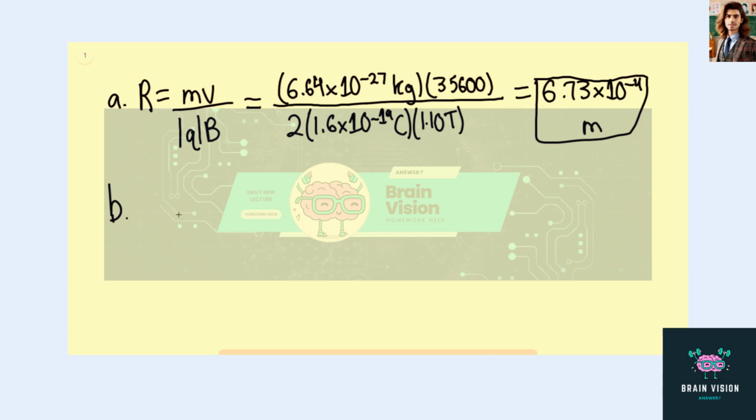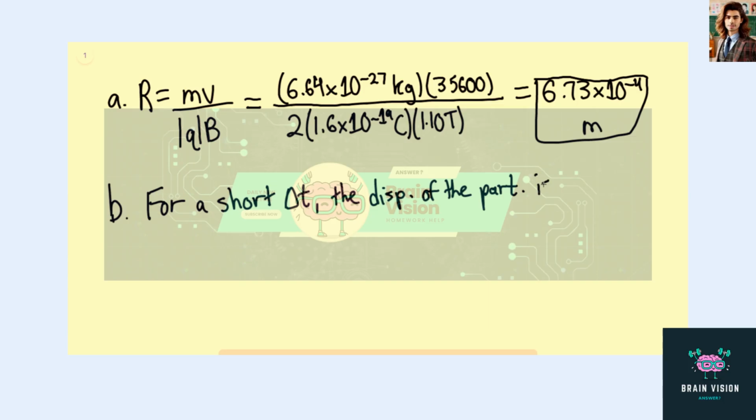So we can say that for a short delta t, the displacement of the particle is in the direction of the velocity.